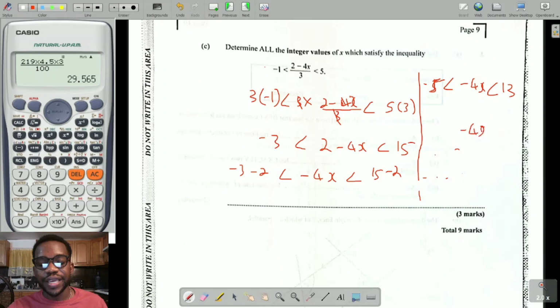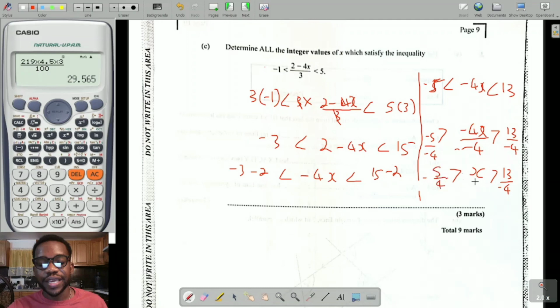So negative 4x over negative 4 is going to cause a change in the signs. I have 13 over negative 4, and negative 5 over negative 4. So all I'm going to be left with in the middle is x right here. I have 13 over negative 4, or I can just say negative 13 over 4. And negative over negative is positive, so this is going to be 5 over 4.